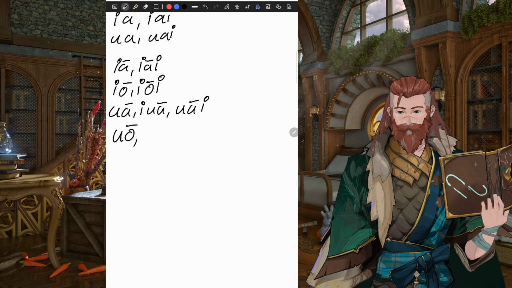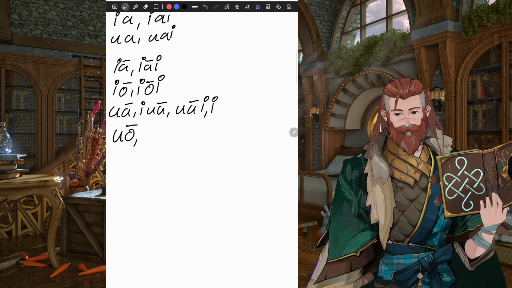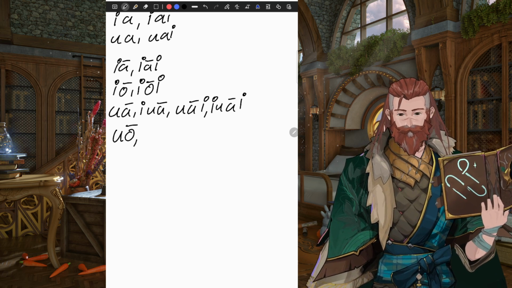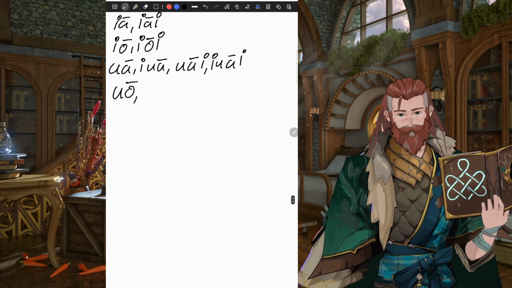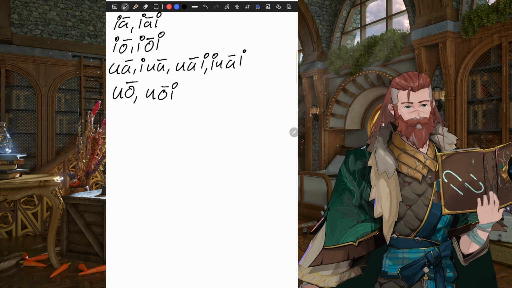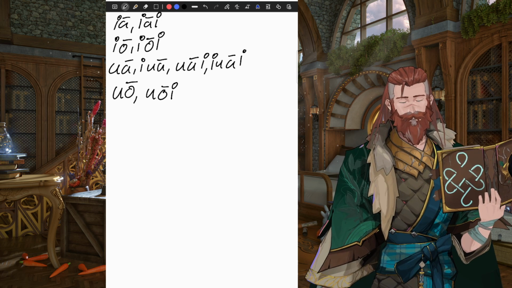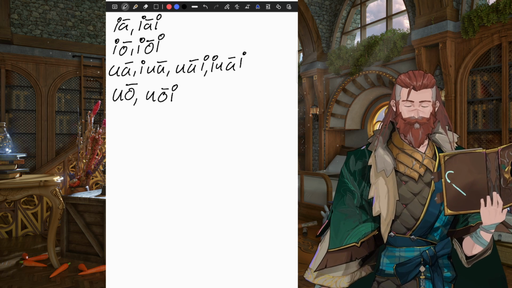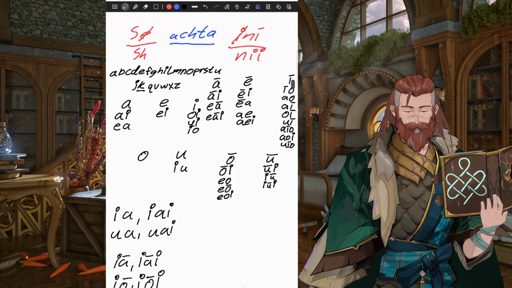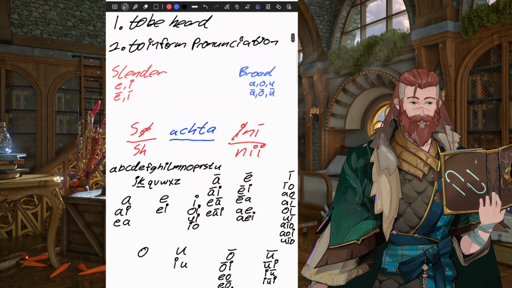U A I and I U A I. Did that one. And then just U O I. So yeah, some vowel sounds get more combinations to make those sounds than others. How that's decided, again, is beyond me.